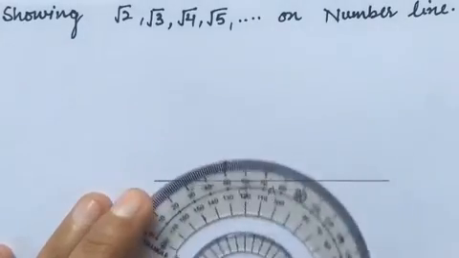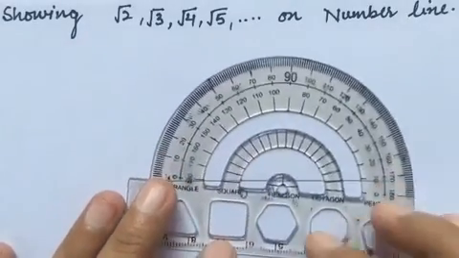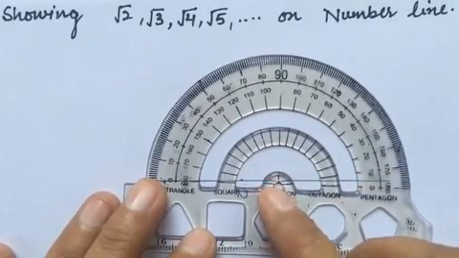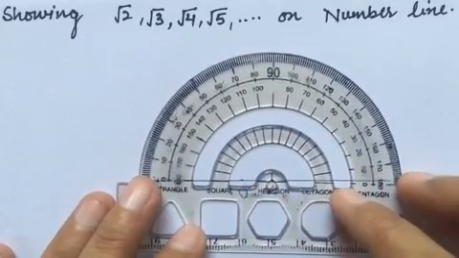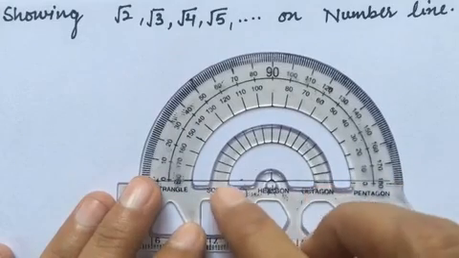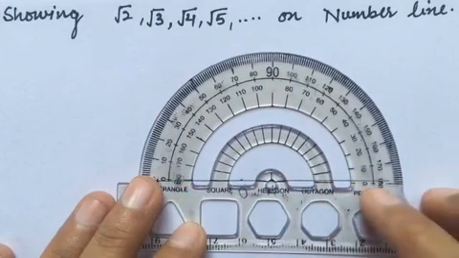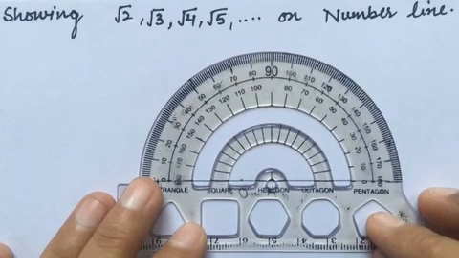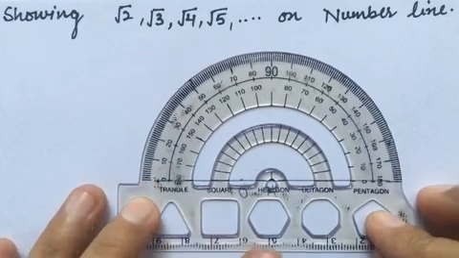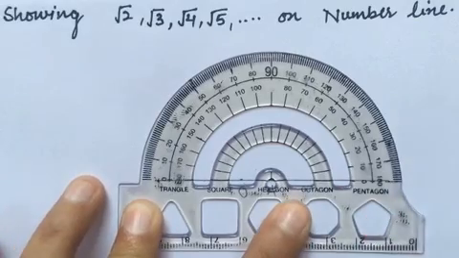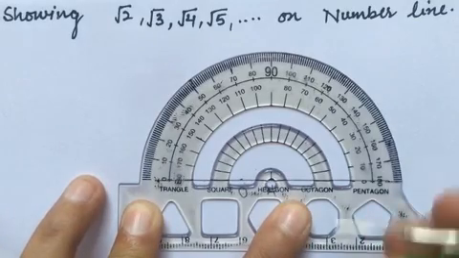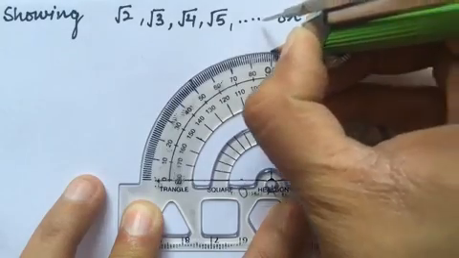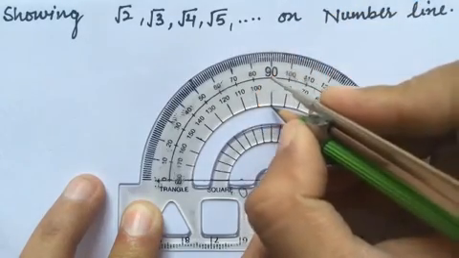Now how to draw a 90-degree angle with this protractor? First of all you have to place the center on the required point, and then set the straight lines, 0 and 180 degrees, on your line. As shown, set your protractor and mark the 90-degree point here and here.